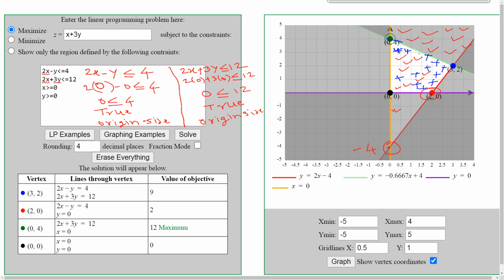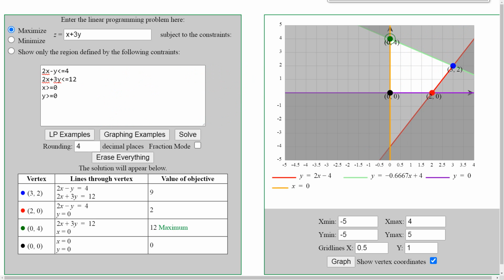So we have to determine the common feasible region. Common means where both ticks and plus signs are present. So you can observe that this is going to be our common feasible region, where both ticks and plus are present.